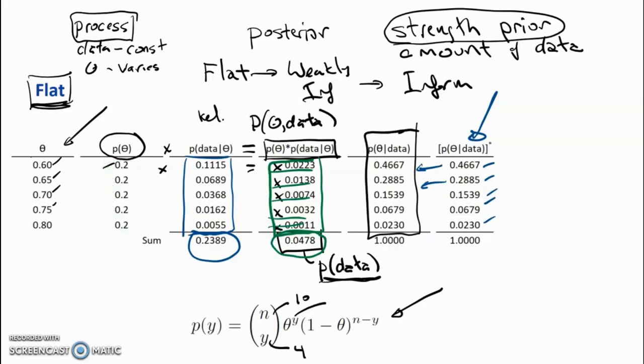So the whole idea of a flat prior is that we assign the same prior probability to each one of these values of theta. And as a consequence, the posterior is determined entirely by the data. It's determined entirely by the data as the likelihood function is involved, and as a consequence, the data are allowed to speak for themselves.